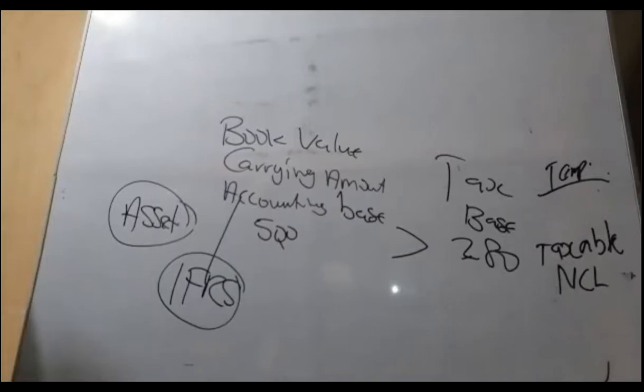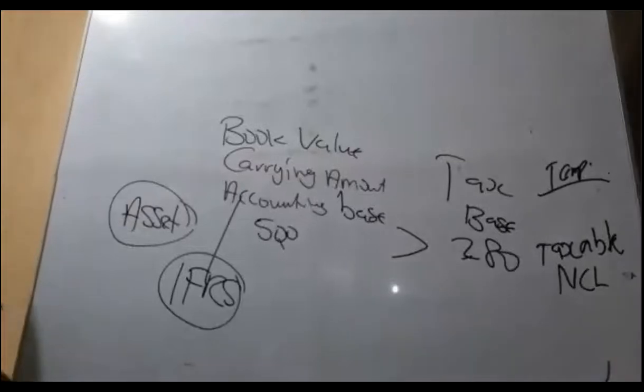So the accounting base and tax base is how the taxman sees that building and how the accountant sees it. They are different. Even though they have the same eyes, the spectacles they are using are different. One uses IFRS as spectacles, the other uses the tax laws. So it will create a difference.